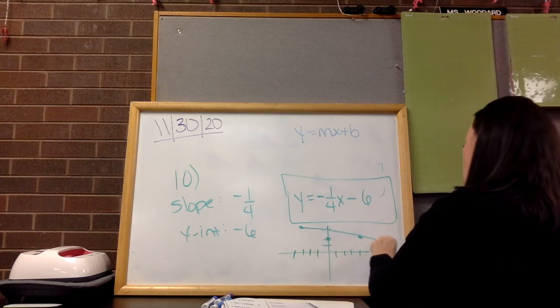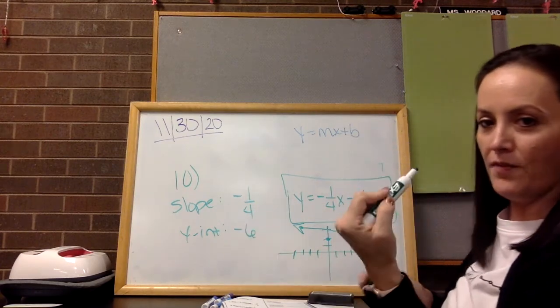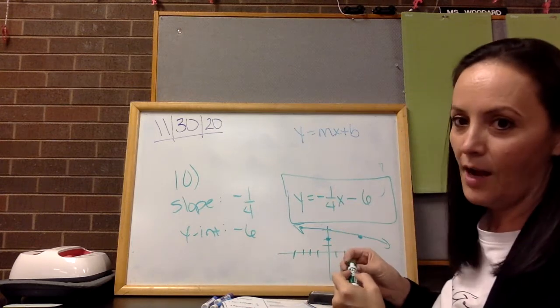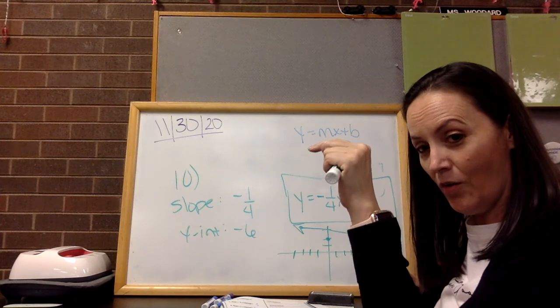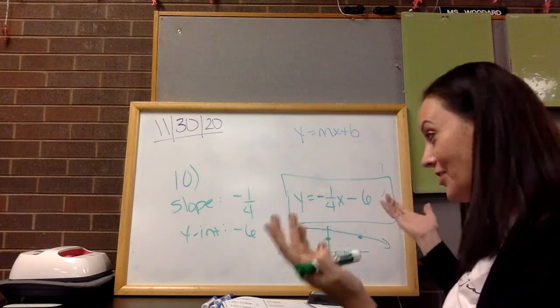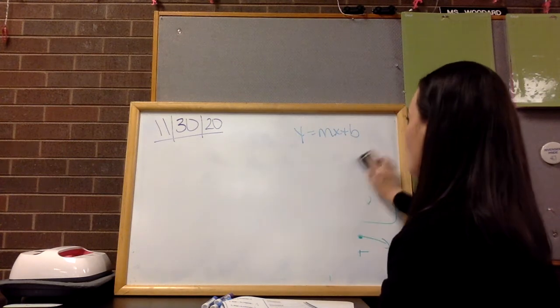You're still getting those lines, you're just going on the opposite side. Down 1, right 4 is the same thing as going up and left. You can attach that negative to the top or to the bottom. It doesn't matter, as long as 1 is negative, as long as you're not going down and then left. If you're going down and left, that's a negative and negative, which is actually like a positive. So remember how those integer rules work with division.